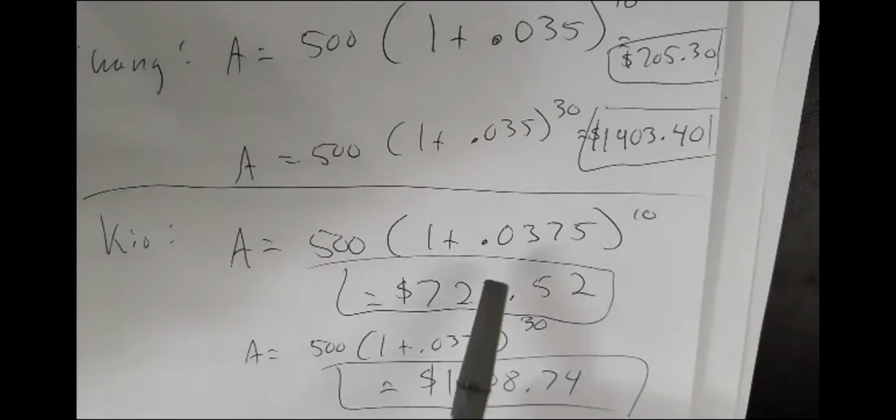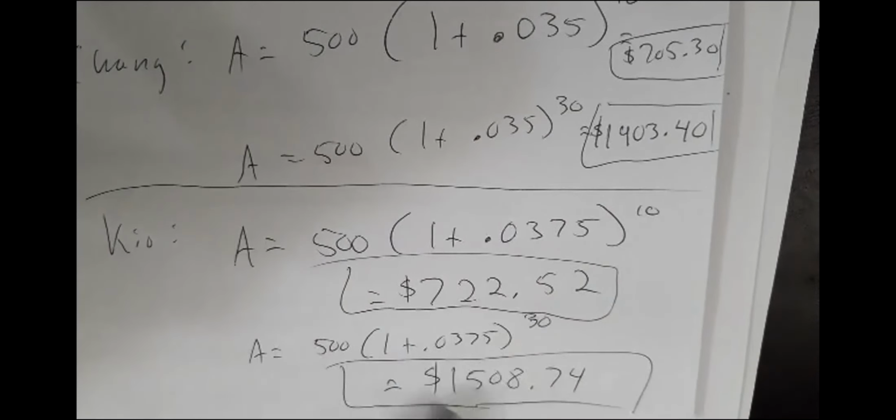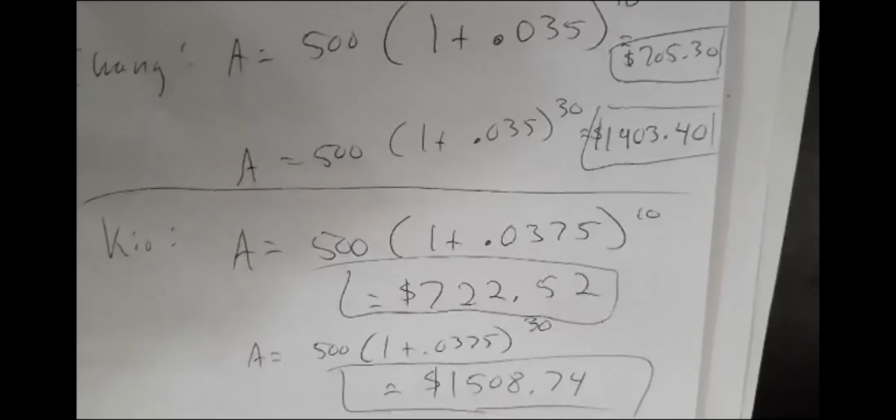So this guy is making almost $20 more here, and almost $100 more here. Again, that is over 10 and 30 years, so it did take him quite a bit of time to catch up. But the higher your APR rate is, the more money you're going to make. The more compounding periods you have, the more money you're going to make, right?